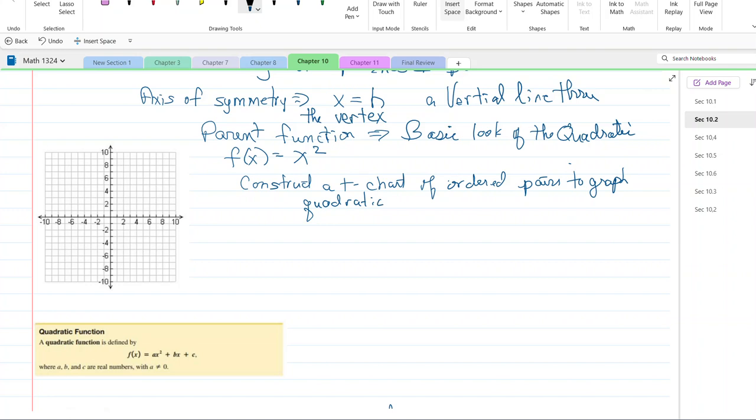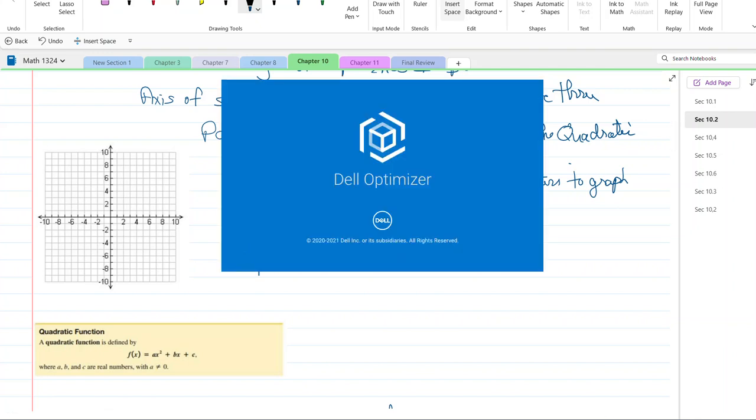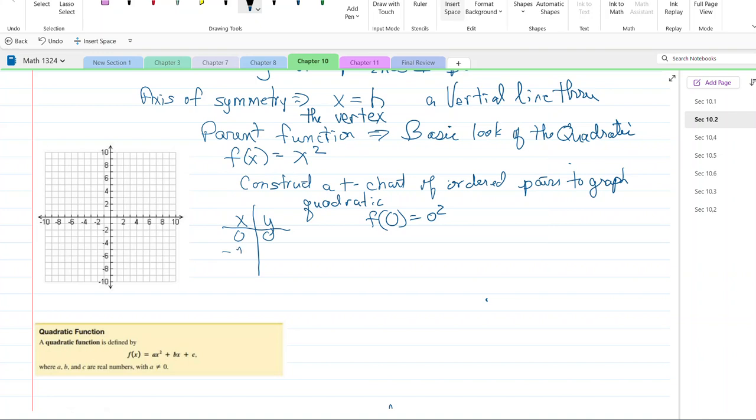All right, here we go. So let's start with x equals 0. Well, if f of 0 for x, then we have 0 squared, so we have 0. And that's our low point. So now we're going to do, let's do a negative 2. So f of negative 2 is negative 2 squared. Well, any negative squared is a positive.